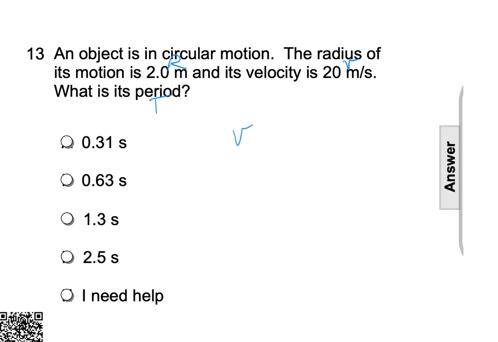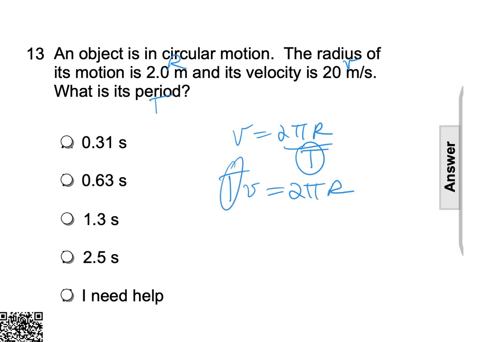So V equals 2 pi r over t. I'm solving for t, so I'm going to cross multiply, then divide both sides by v to get rid of the v. So t equals 2 pi times 2 divided by v, 20.